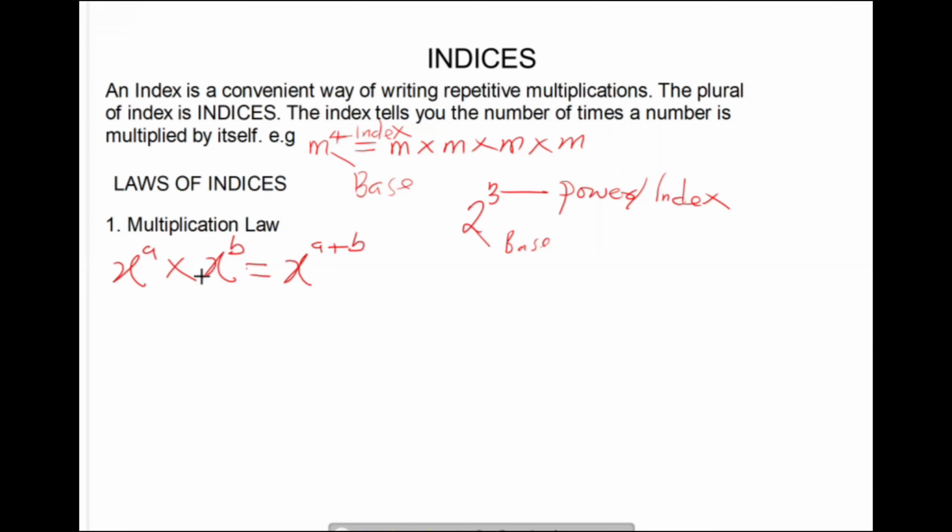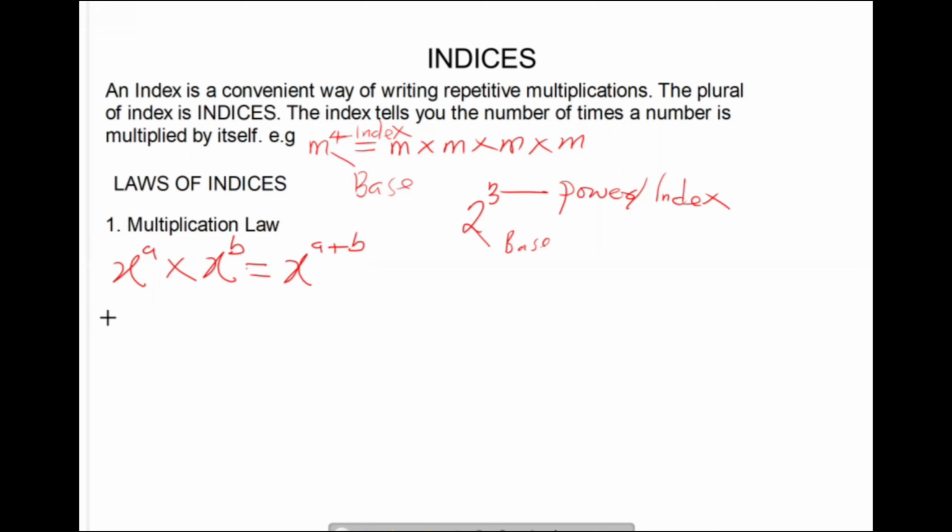Don't forget, what you are multiplying must have the same base. If you don't have the same base, the law is not applicable and you need to apply another thing. So you pick one base and you add the power, a plus b. That means multiplication turns to addition of the powers, not that you are multiplying the powers.